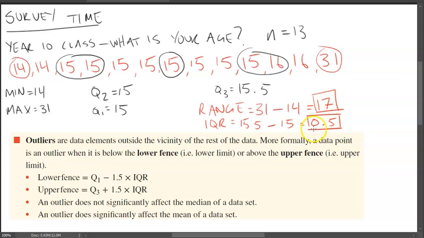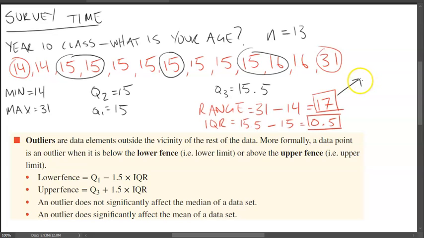What a difference between the range and the IQR, the interquartile range. And this is the reason why we use the IQR, because the overall range is 17. That just means that the ages within the data set range over 17 years.